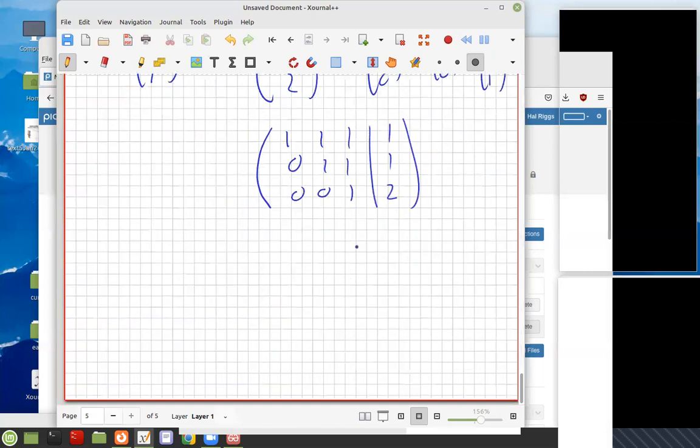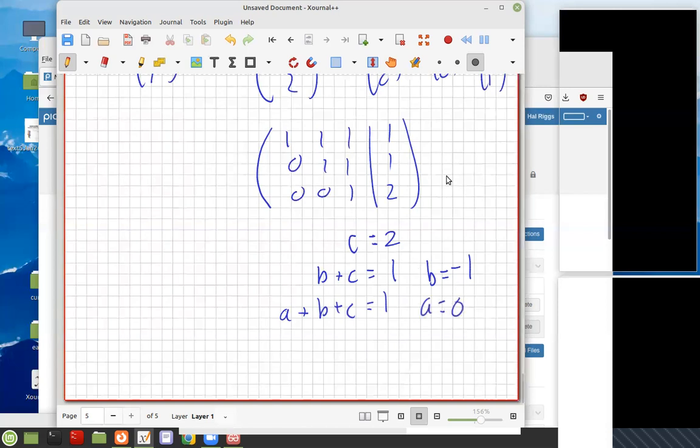Okay, so this has the solution C equals 2. And doing back substitution, B plus C equals 1. Since C is 2, B has to equal minus 1, because minus 1 plus 2 is 1. Then you have A plus B plus C equals 1, and since B plus C is 1, A equals 0. So (0, -1, 2).